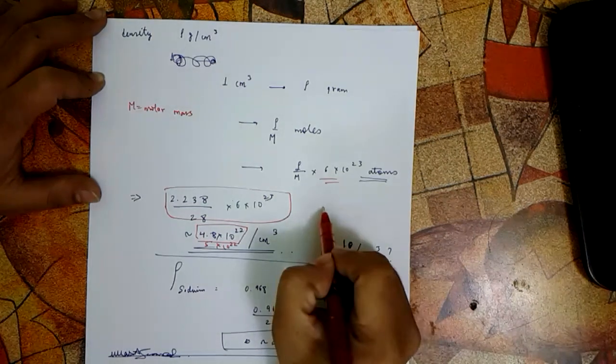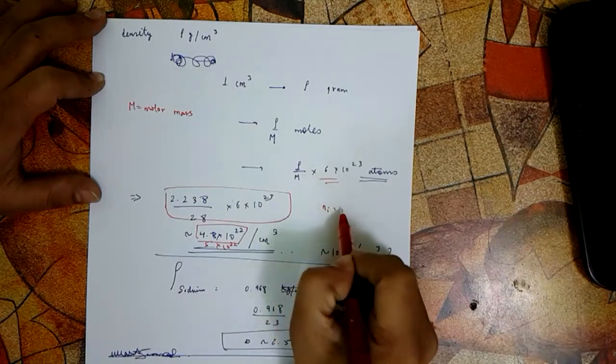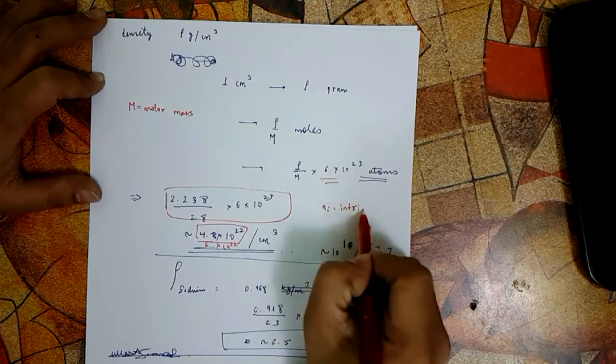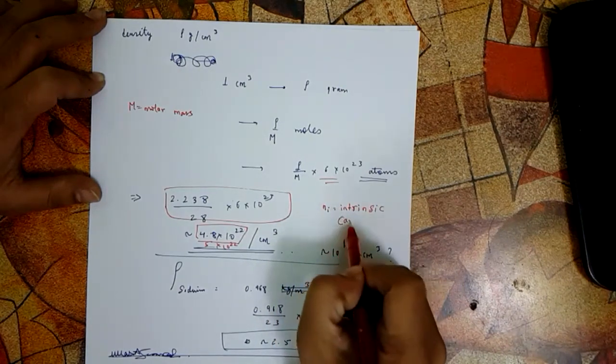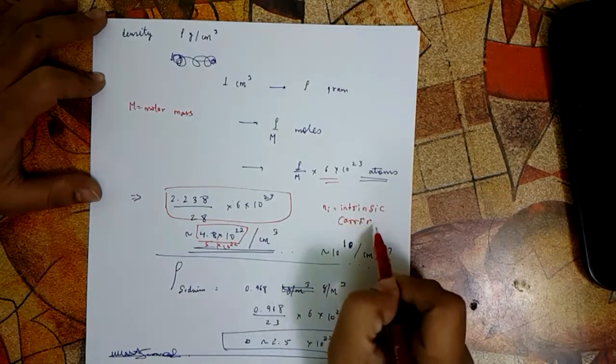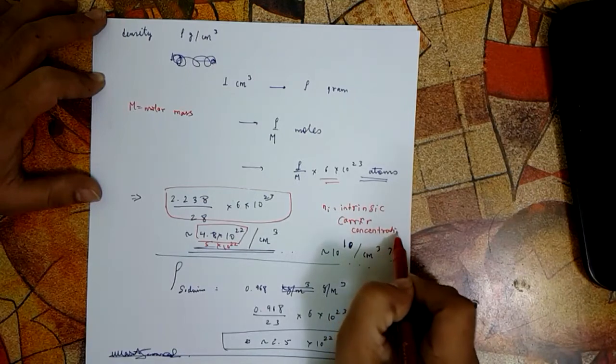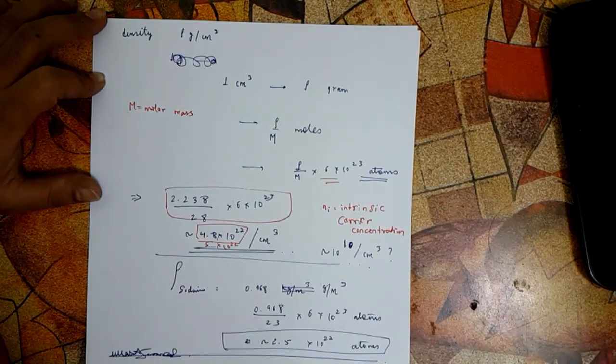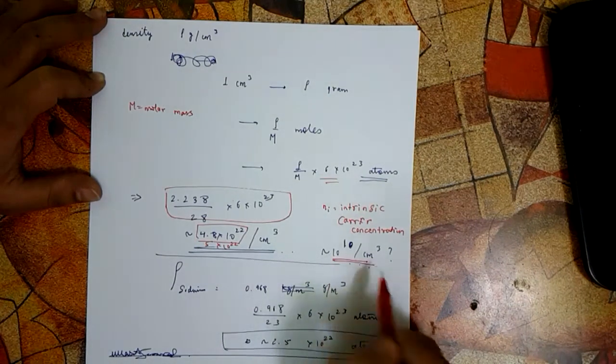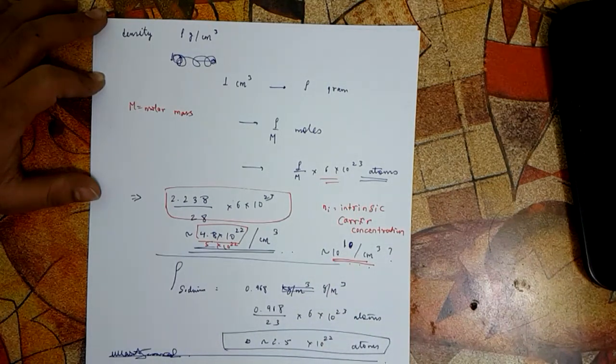That is called Ni, the intrinsic carrier concentration. It is the number of electrons per centimeter cube of silicon that have jumped from valence band to conduction band and are therefore able to conduct electricity. That comes out to be roughly 10 raised to 10 per centimeter cube.